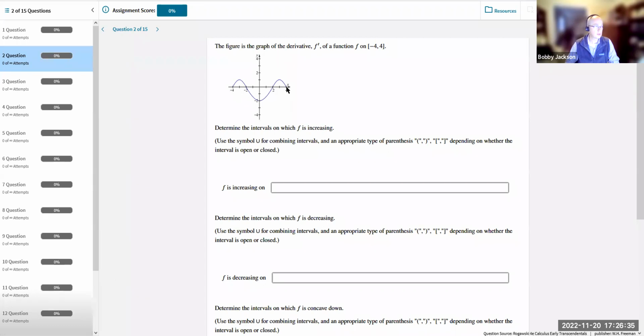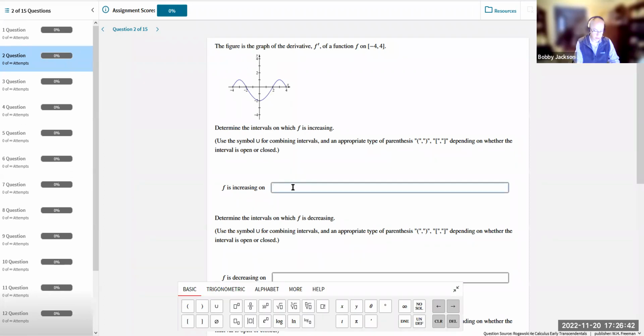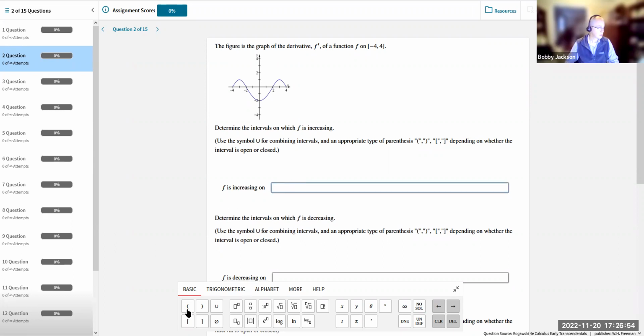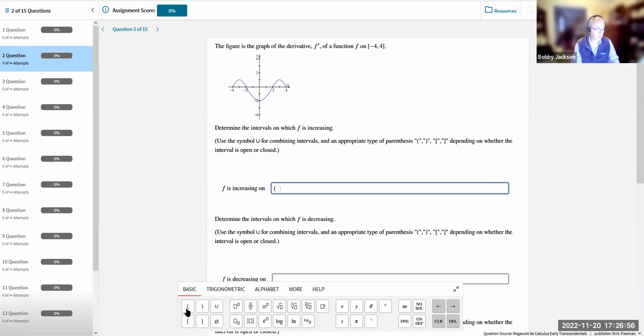Also between 2 and 4, right? The graph of the derivative f prime is above the x-axis. So in here, I'm going to use parentheses, interval notation from x equal -4 comma to x equal -2. Close that.